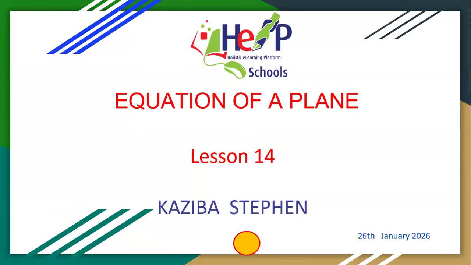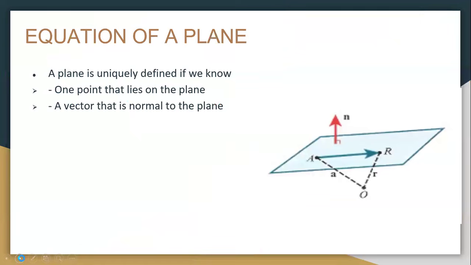You're most welcome, everyone. Today we are going to continue with our concept on the equation of a plane. So last week we ended when we were looking at the equation of a plane, and we say that whenever we have a plane, there are some things that are very important for us to take note of.